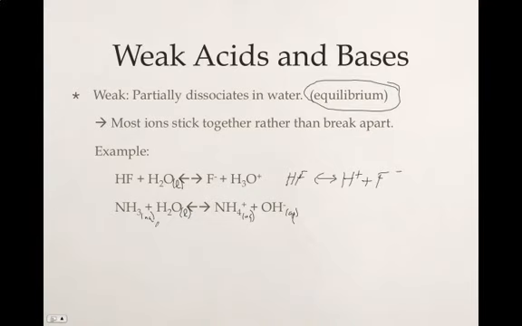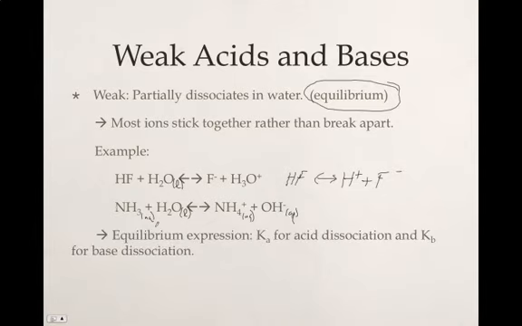So how do we calculate the pH and pOH of weak acids and bases? Now, before we go into that, we also need to talk about our equilibrium expression. Ka is what we use for the equilibrium expression for the acid dissociation, and Kb is the base dissociation. So in this case, we would have Ka for the HF is equal to H3O plus times F minus over HF.